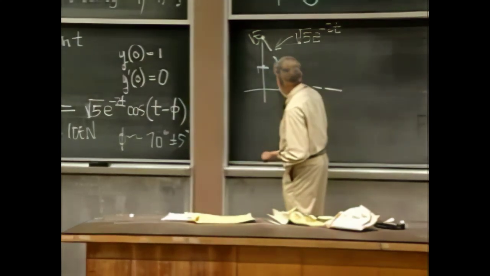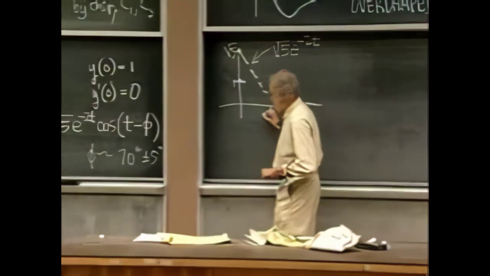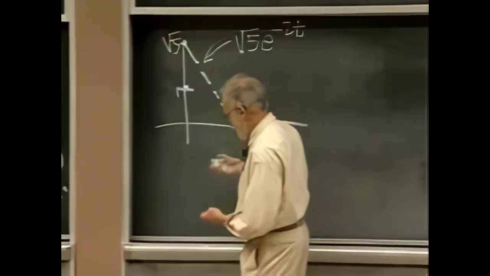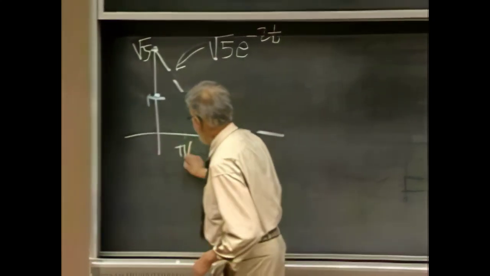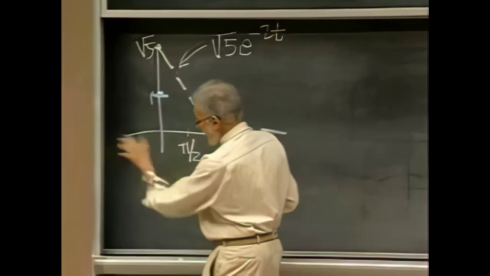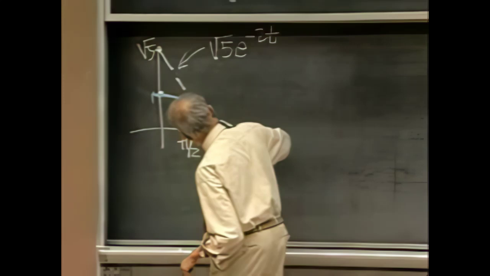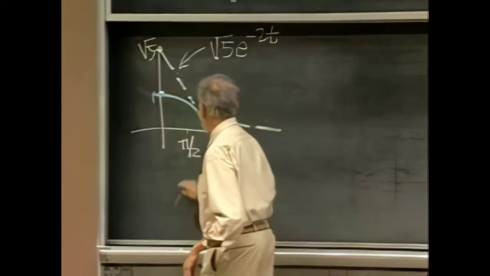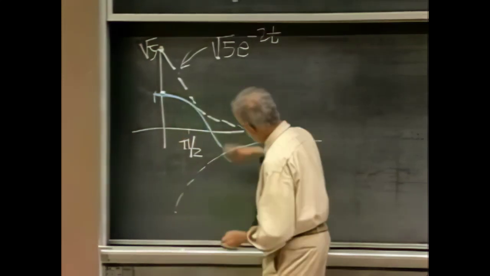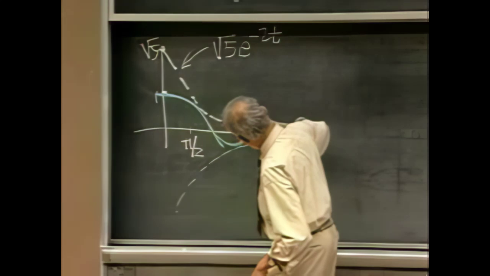So if this is pi over 2, the first time it crosses is pi over 2 plus 70 degrees, where it crosses. So it must be doing something like this. And now on the other side, it's got to stay within the same amplitude, so it must be doing something like this.